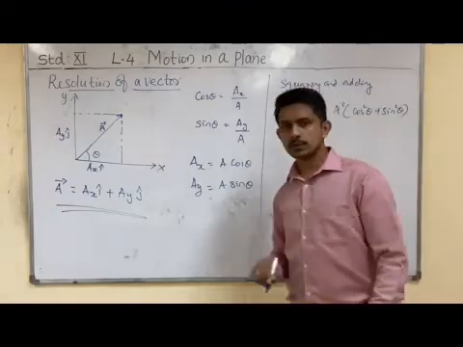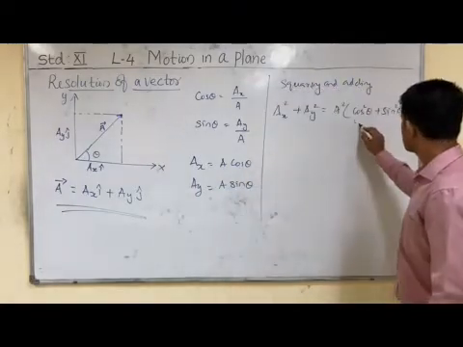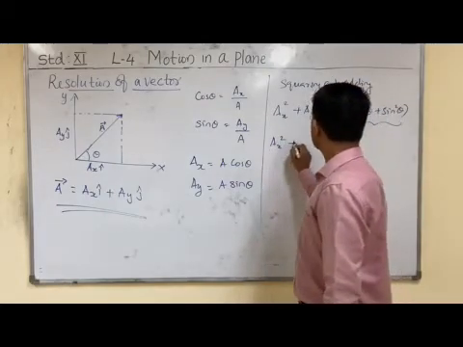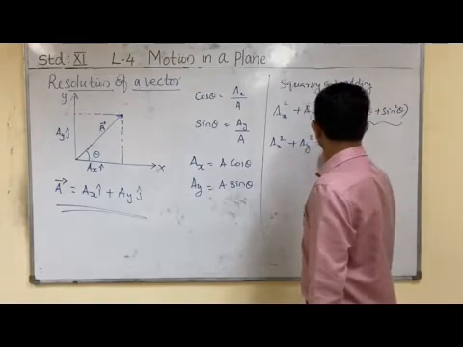We know that cos square theta plus sin square theta is 1, so AX square plus AY square is equal to A square.